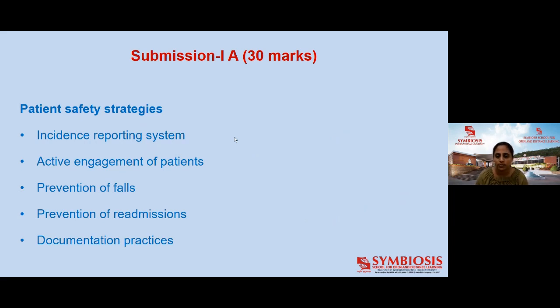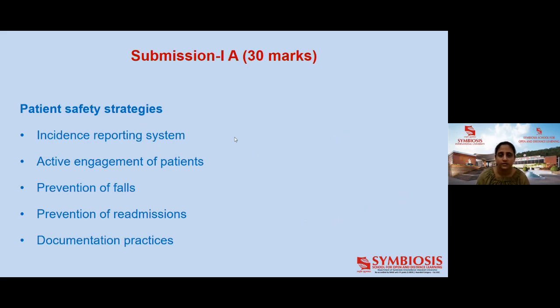An incident report or accident report is a form that is filled out in order to record details of an unusual event that occurs at the facility, such as an injury to the patient. So when a patient gets injured, you have to fill the form which you call the incident reporting system, saying what happened and how the patient got injured. This should be written in detail in the form. This is called incident reporting system.